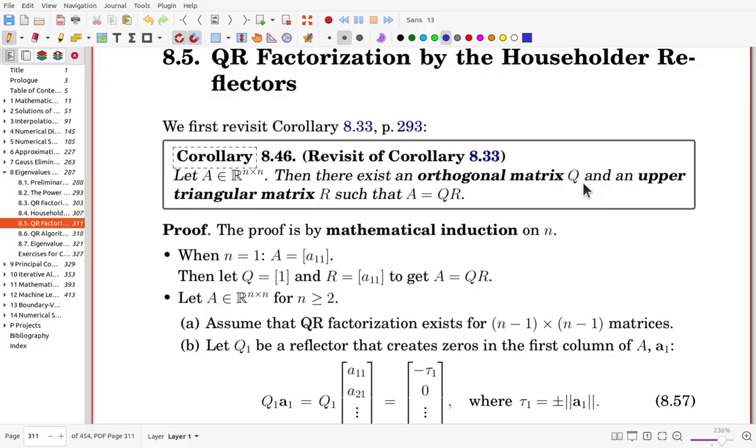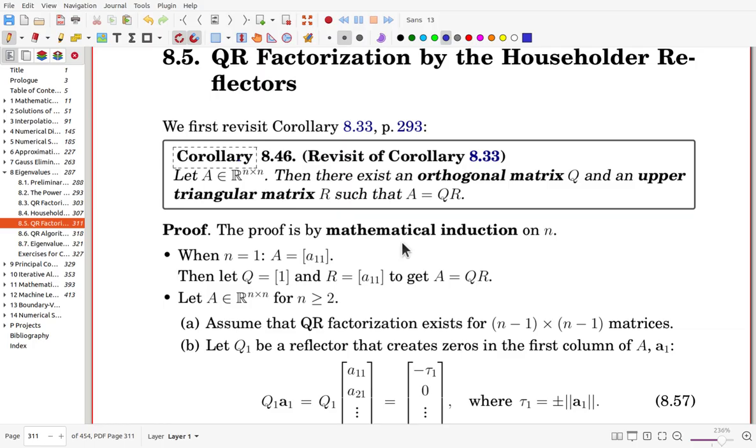We'll try to prove this corollary. The proof will suggest a reasonable algorithm for QR factorization. The proof is by induction on n. Mathematical induction is formulated as follows.